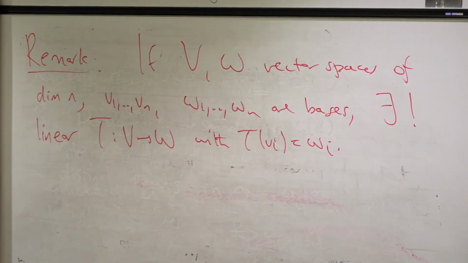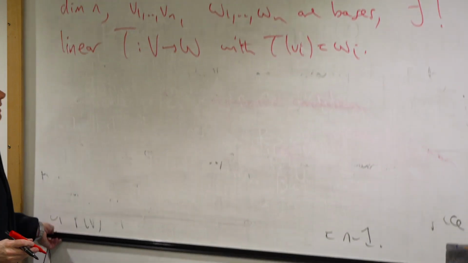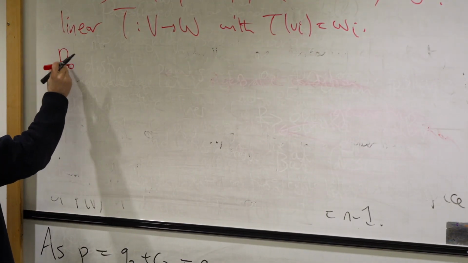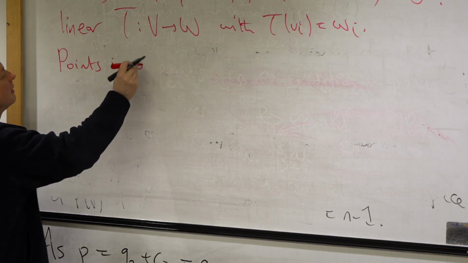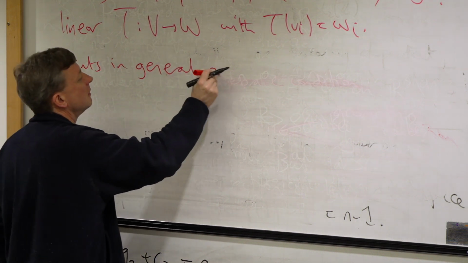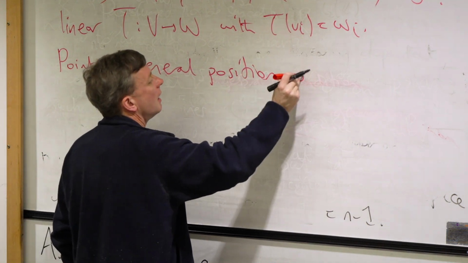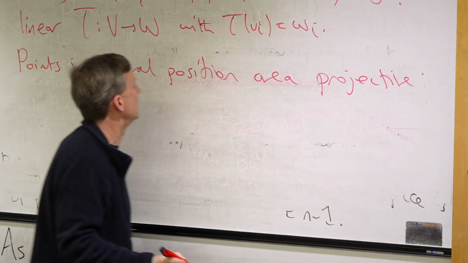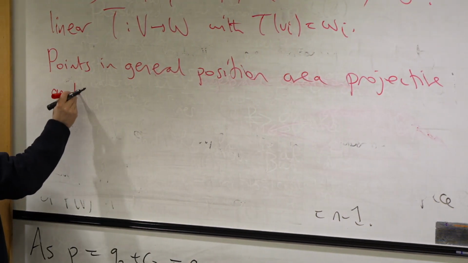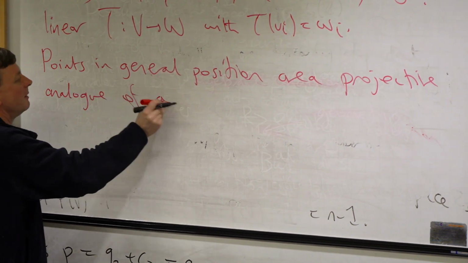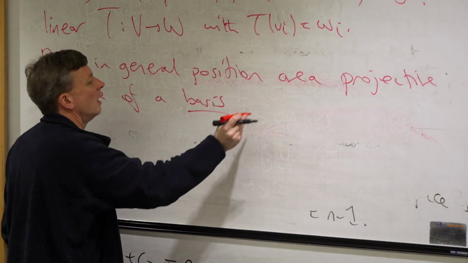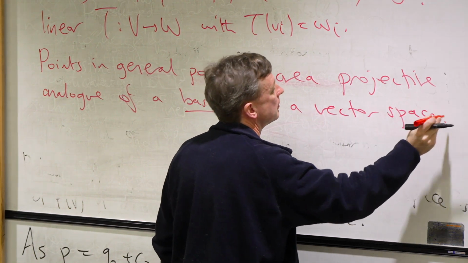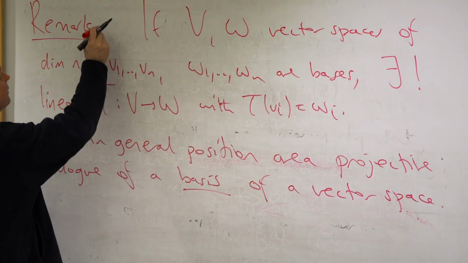So that's a very similar statement to that. And so points in general position are a projective analogue of a basis of a vector space. So that's one remark.